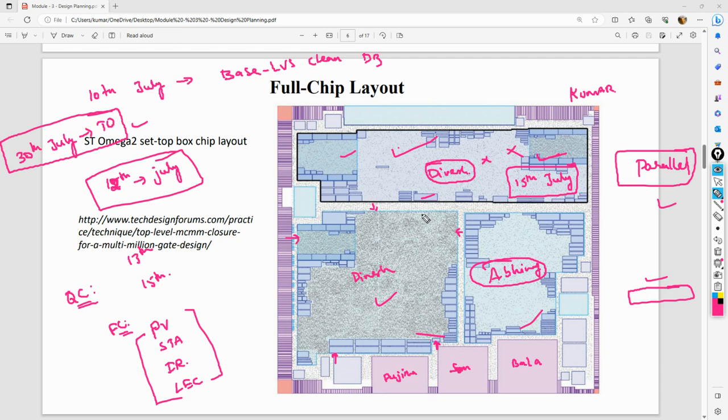Okay, at the end of the day, your tape out date is fixed. If you miss the tape out, the project manager, or the person responsible, will have to answer a hell of a lot of people. And don't think they'll only come on 30th. They start tracking you from 15th or July 1st onwards.